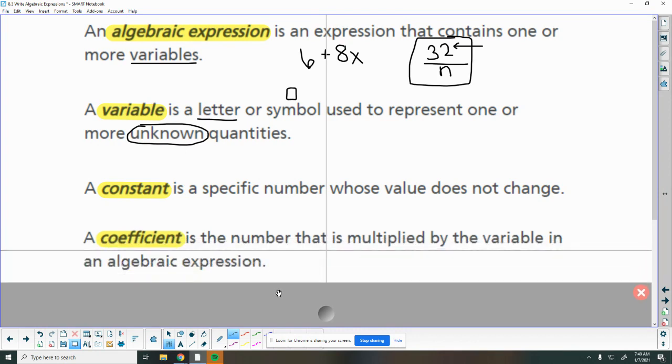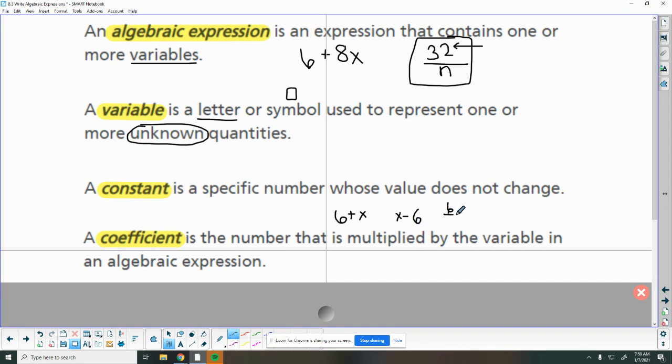So another word we need to talk about is a coefficient. I kind of like to think of it as the co-captain here. The coefficient is the number that is multiplied by the variable in an algebraic expression. So sometimes we might have just 6 plus x. It's just x with 6 more. We might take 6 away from x.